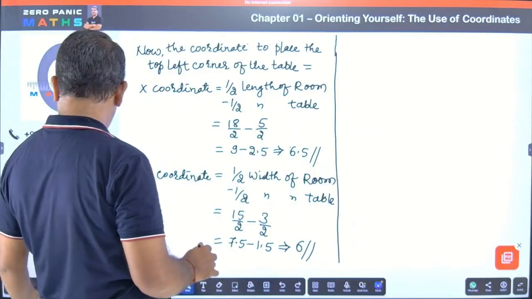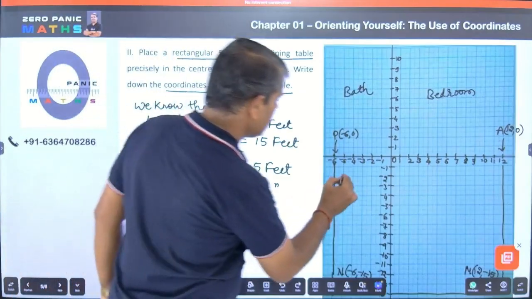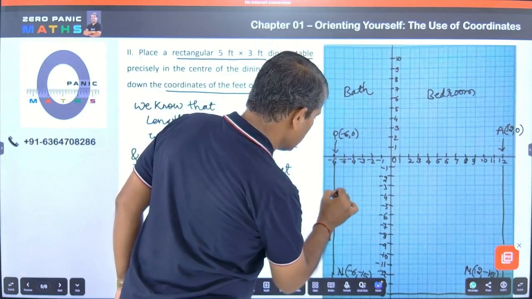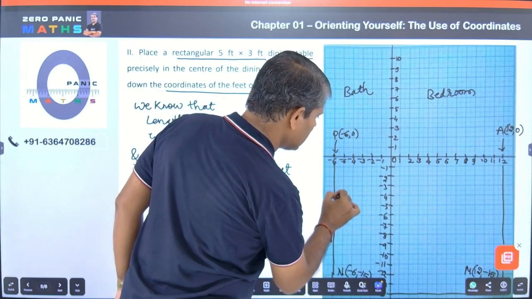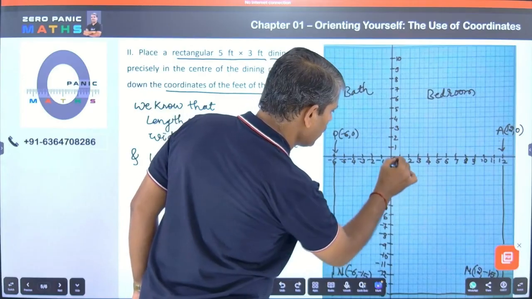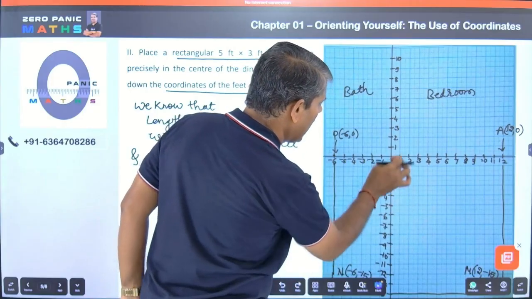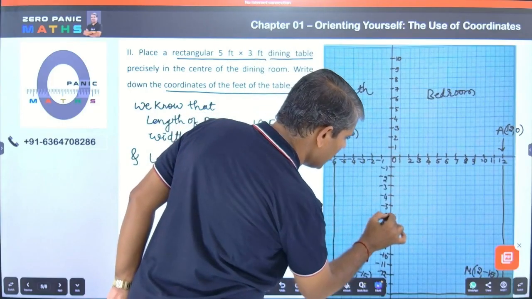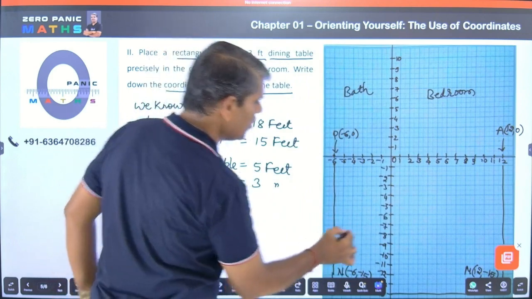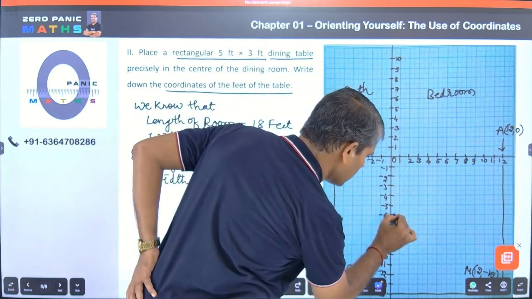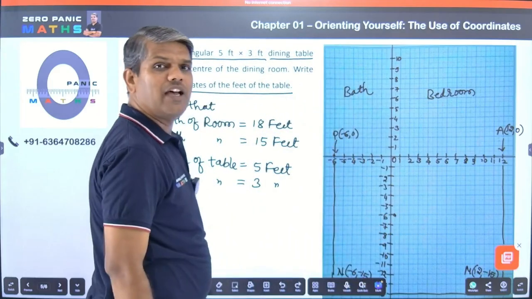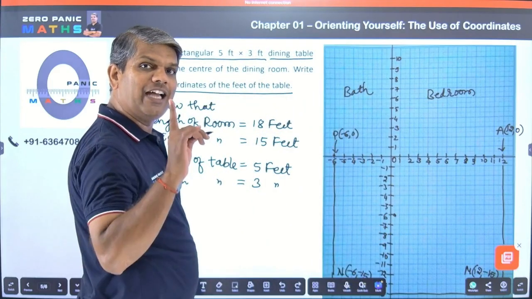Now this is the point. From minus 6 it is 6.5. So what is 6.5 then? From minus 6 it is 0.5, and from 0 to minus 6 it is 6. So it is this point where we are going to place the top left corner of the table.